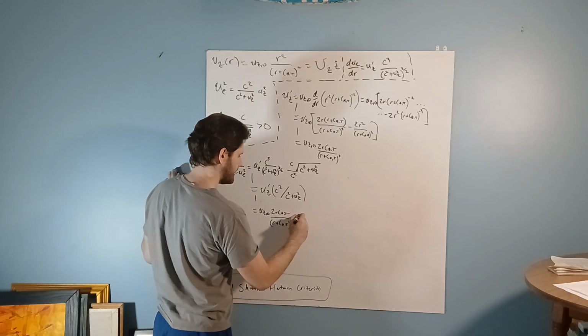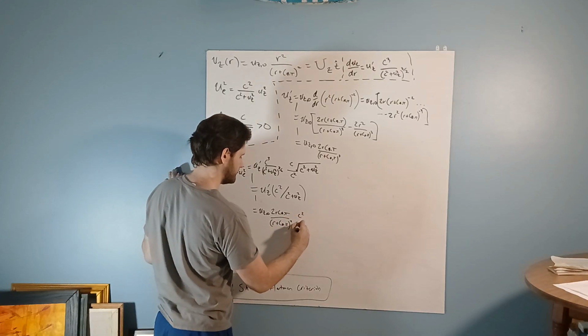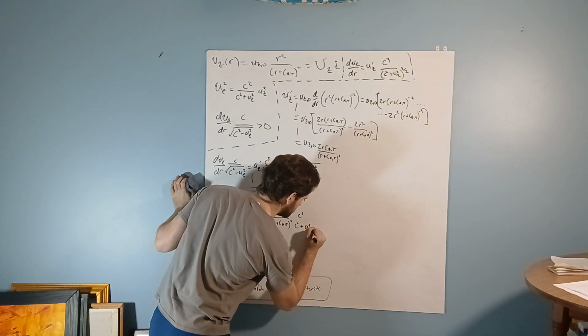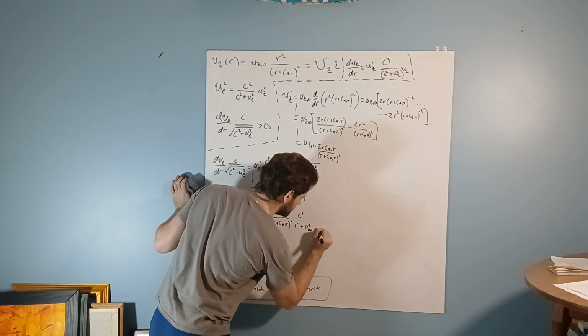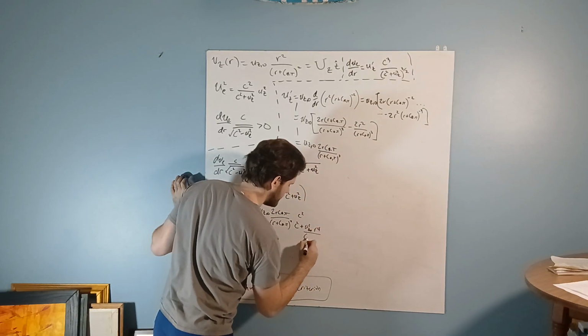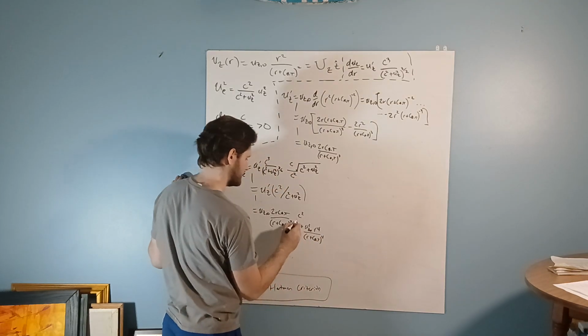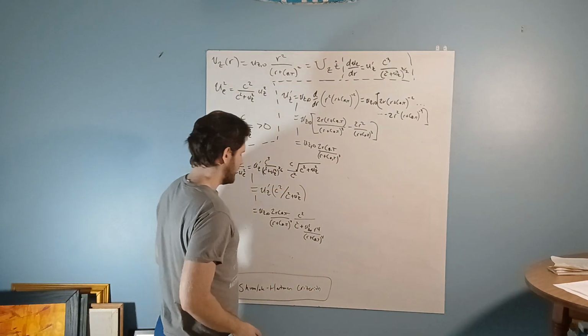And we have c squared over this quantity. All right?